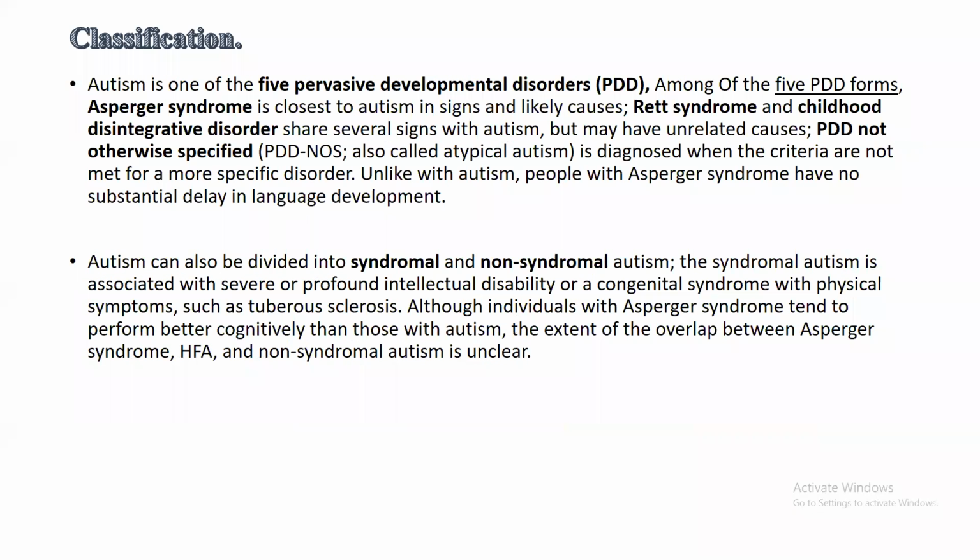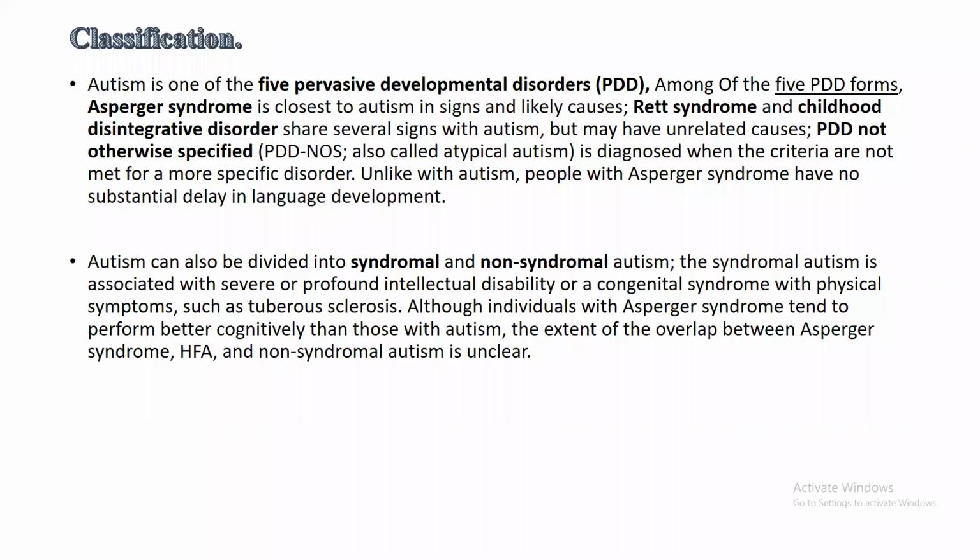Classification. Autism is one of the five pervasive developmental disorders, or briefly PDD. Among these five PDD forms, Asperger syndrome is closest to autism in signs and likely causes. Rett syndrome and childhood disintegrative disorder share several signs with autism, but may have unrelated causes.